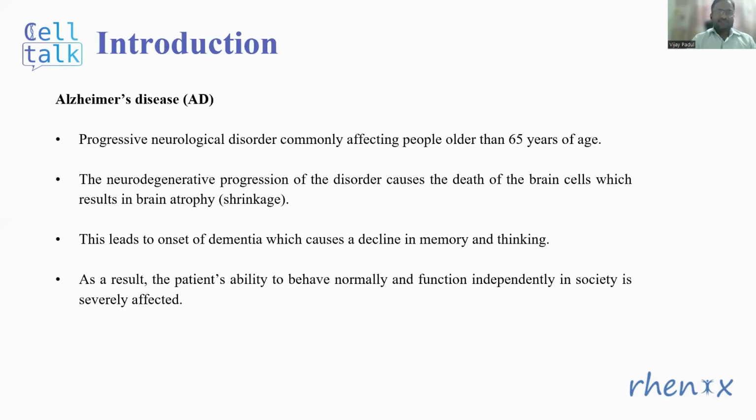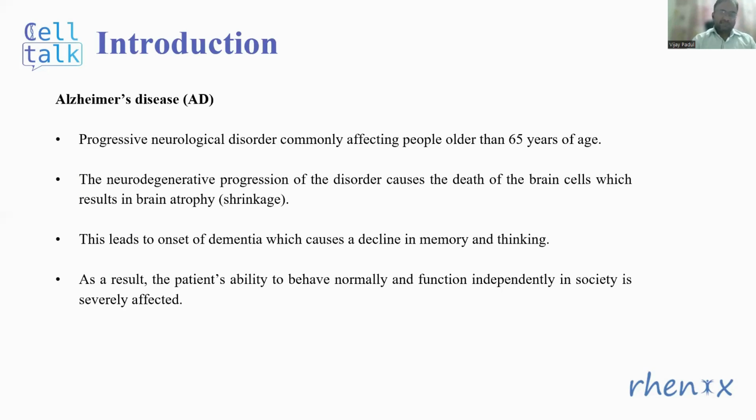Alzheimer's disease is a neurodegenerative progression of the disorder, and it causes death of the brain cells, which results in the atrophy of the brain. And due to the atrophy, that is shrinkage of the brain, this results into the dementia onset, which causes memory decline and reduced thinking capabilities.